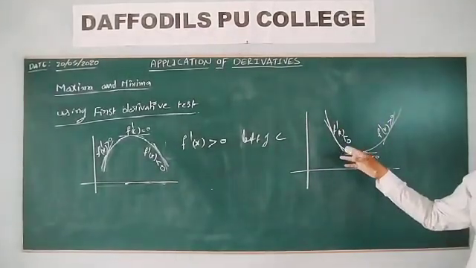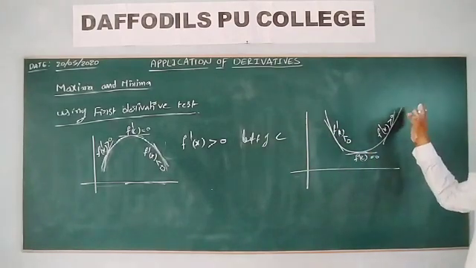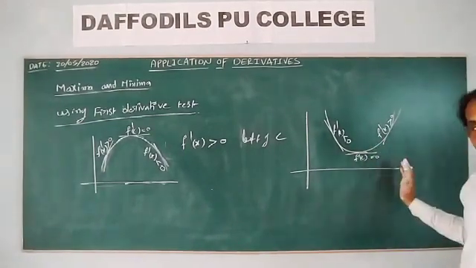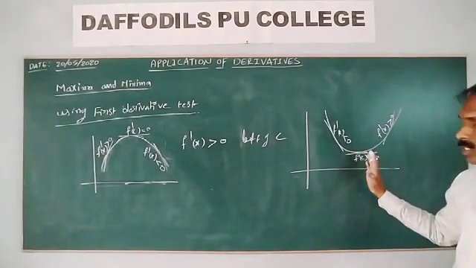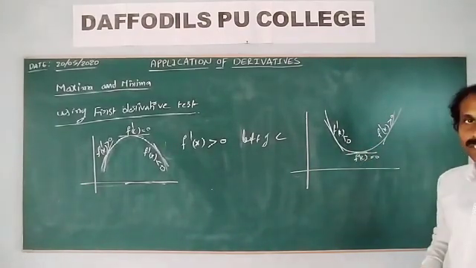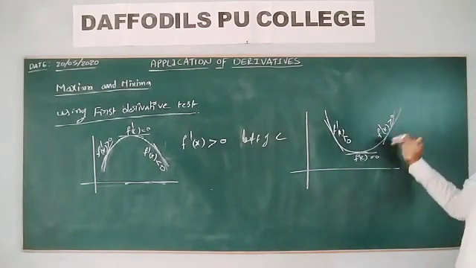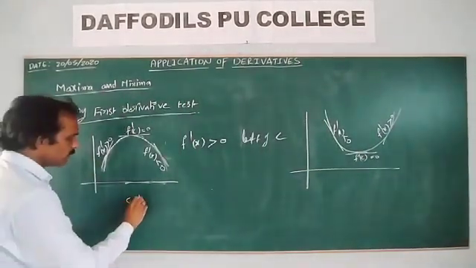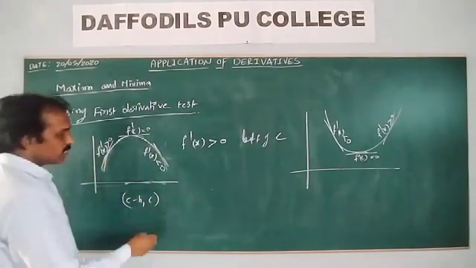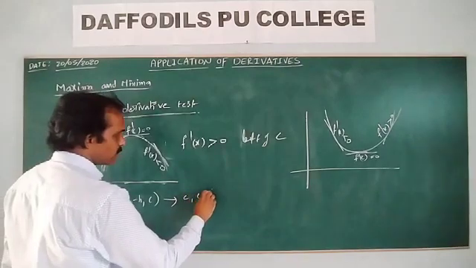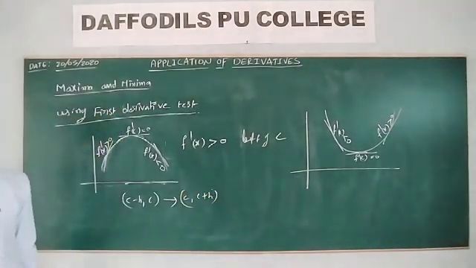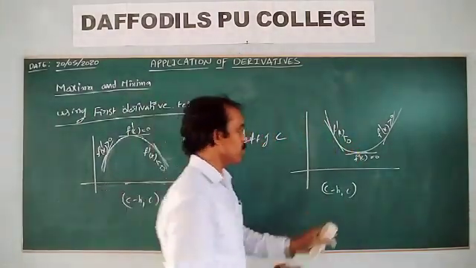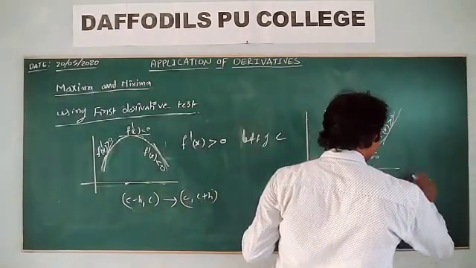In this case, f dash x less than 0 to f dash x greater than 0, negative to positive as x increases through c: to the left of c it is decreasing, to the right of c it is increasing.